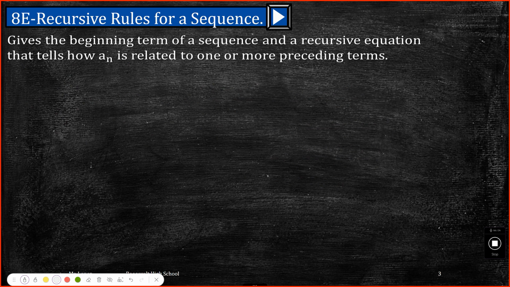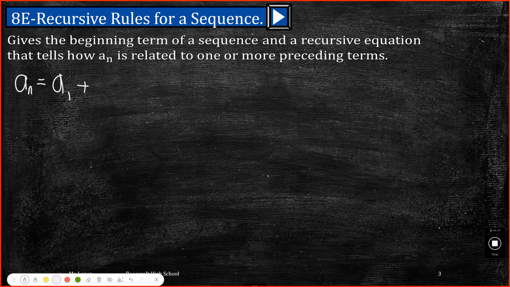All right. So 8A was about finding an equation for an arithmetic sequence, and that equation was something like a sub n equals A1 plus what?